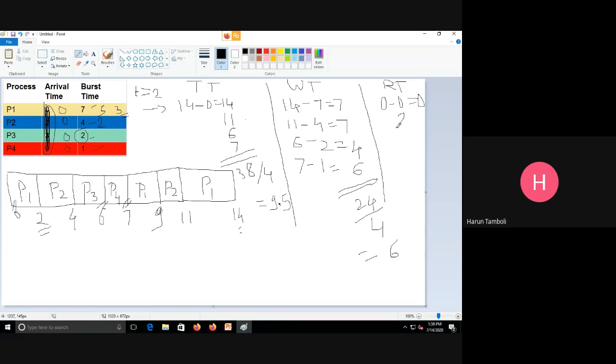So 2 is the response time, 2 minus 0 again 2. For P3, 4 minus 0, it is 4. For P4, 6 minus 0, so it is 6. So total response time is 12. Likewise, you have to calculate the turnaround time, waiting time, and response time.